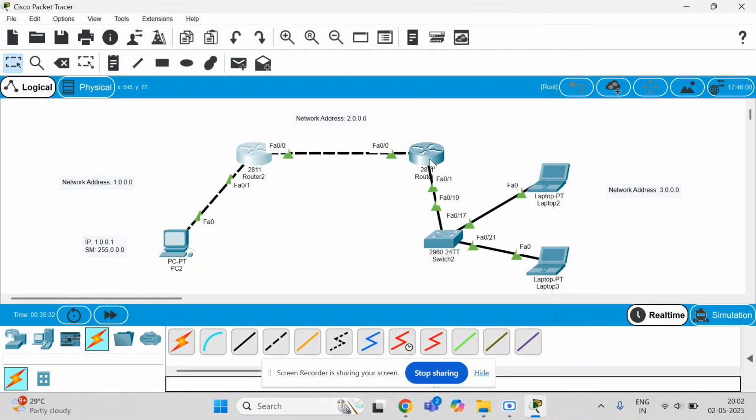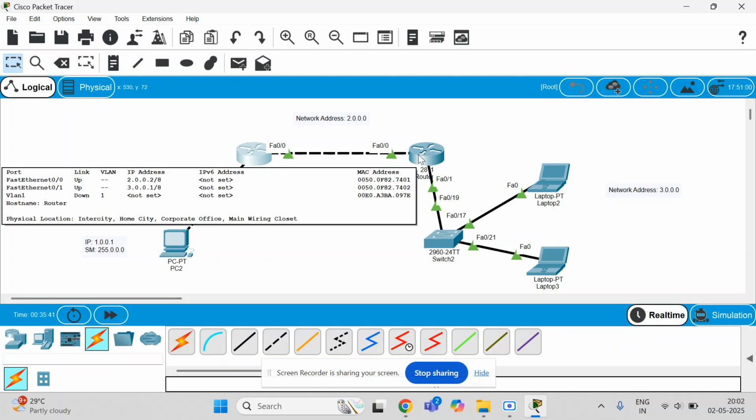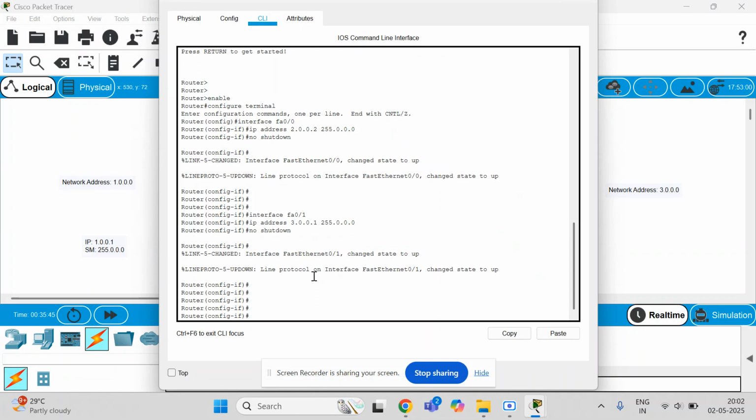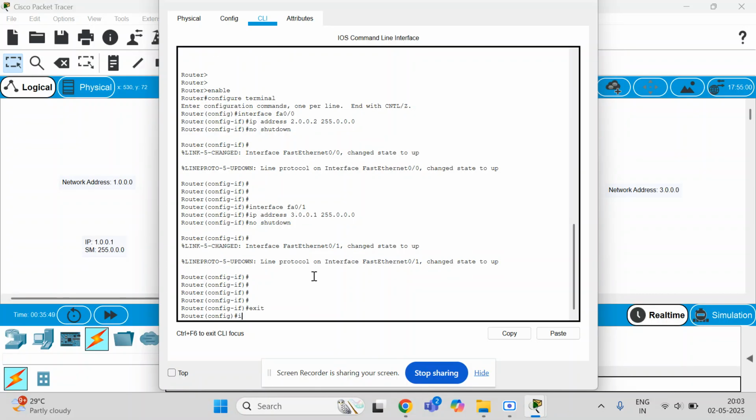Now move to the second router. Now from this side, this is the source network and 1.0.0.0 is the destination network. So here also we have to write the static routing command. Open the router and go to global configuration mode by writing exit. Now write ip route. The destination network address is 1.0.0.0 and its subnet mask 255.0.0.0.